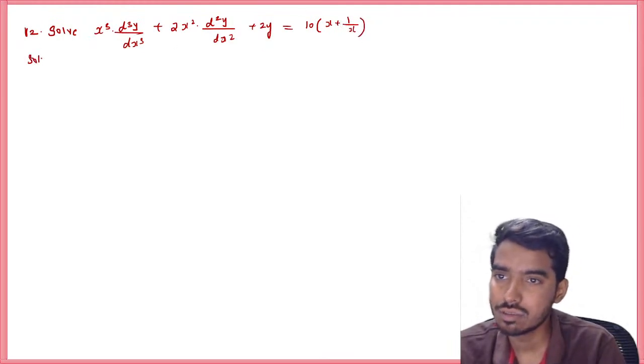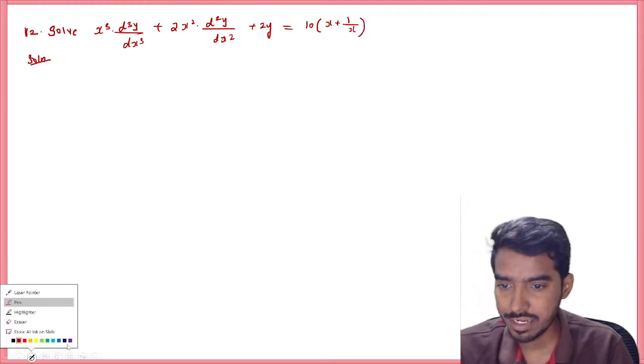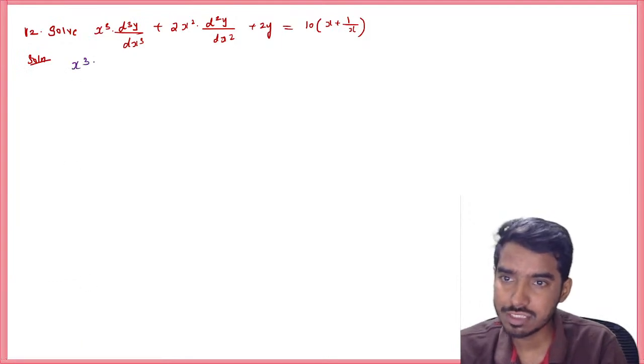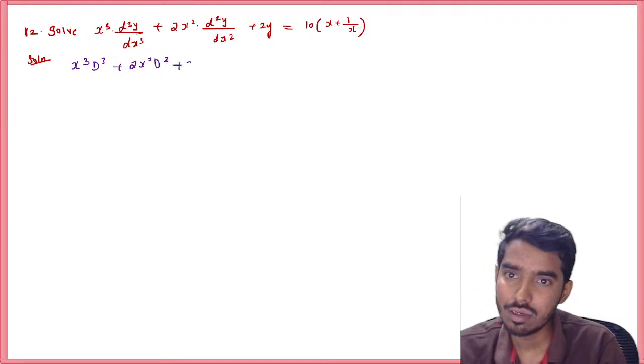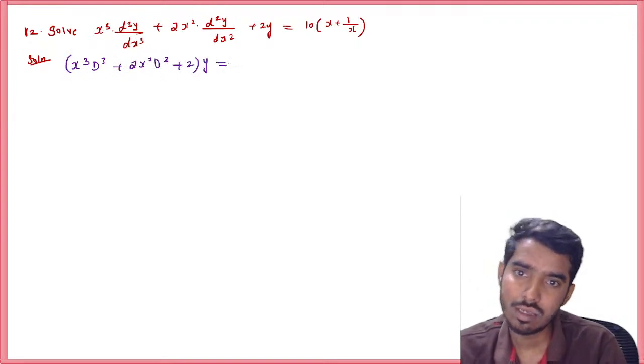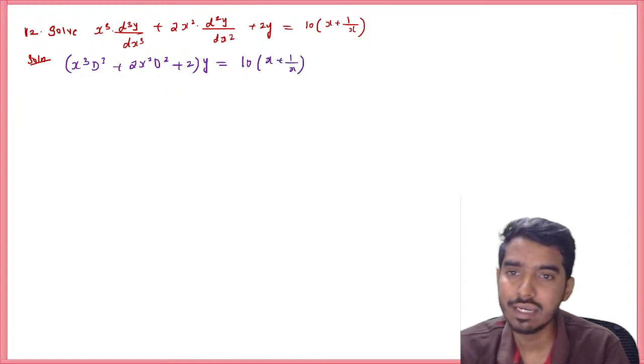Right? You can see it's a Cauchy Euler equation. So we have x cube D cube plus 2 x square D square plus 2 times y is equal to 10 into (x plus 1 by x), right?